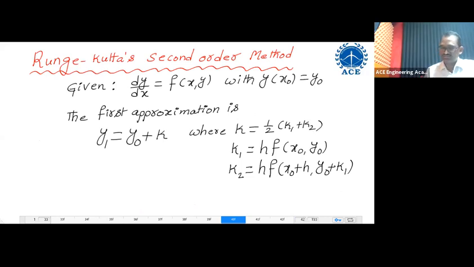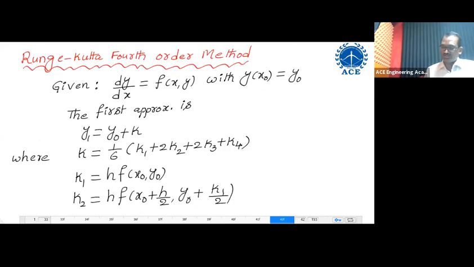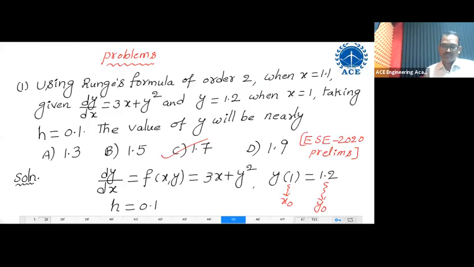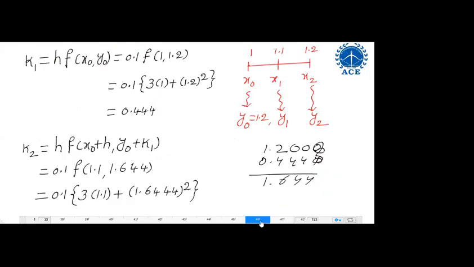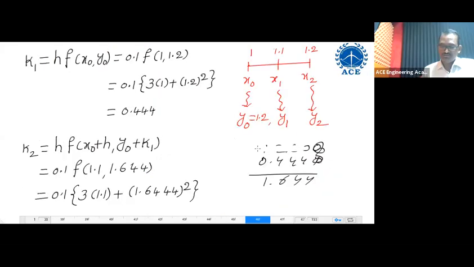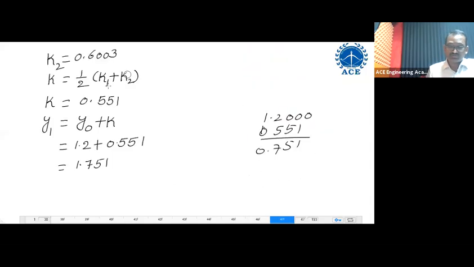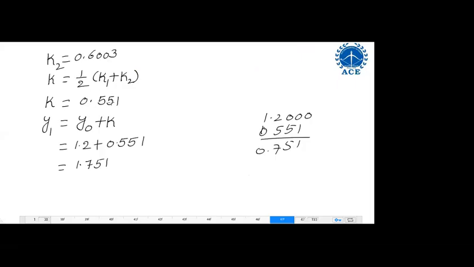Good, I forgot to say it in the problem. In the problem, that is correct. Some people have said the answer for K1 plus K2 or half into K1 plus K2, the answer is the same, half into. Fine, good.